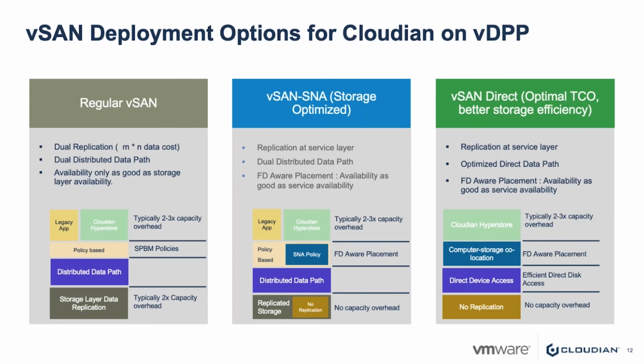The next option that we have for customers is using something called vSAN SNA, which is vSAN support for shared nothing applications, which is storage optimized, right? So here we waive the requirement to replicate data on vSAN, right? So you turn on the availability on Cloudian. Cloudian offers rich capabilities for data availability, right?